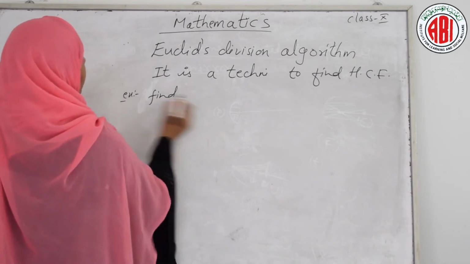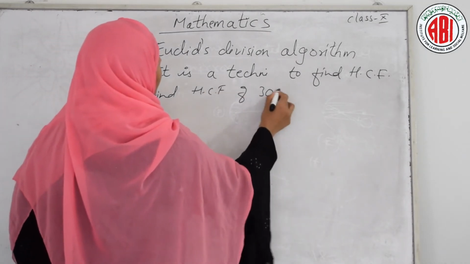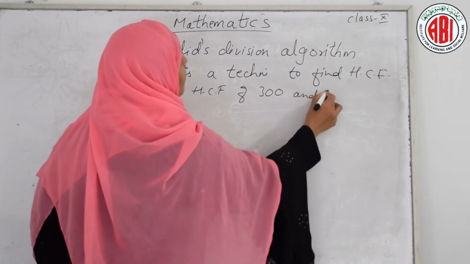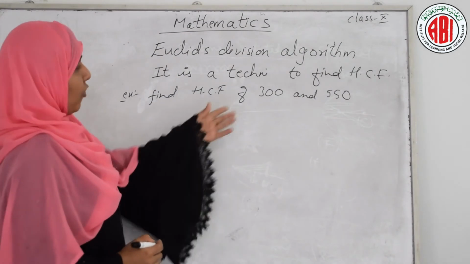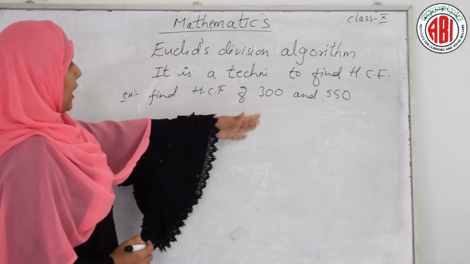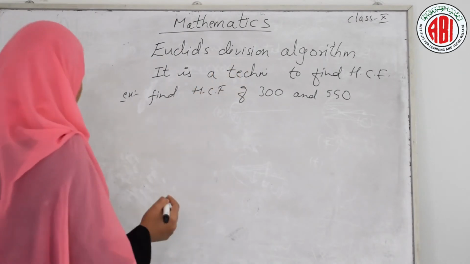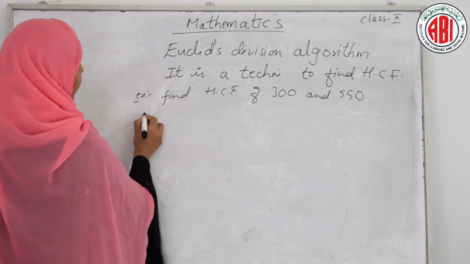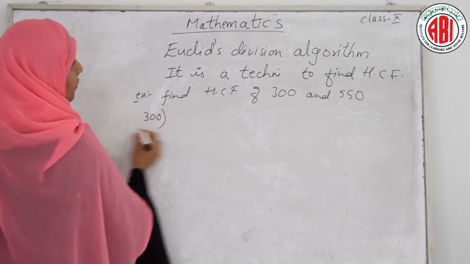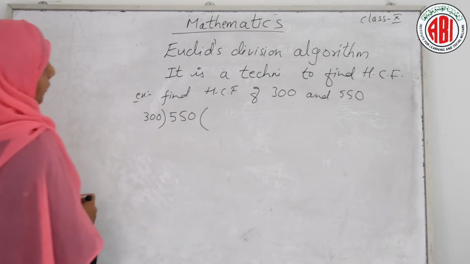Example: find the HCF of 300 and 550. Let us find the HCF of these two numbers. We are going to use this for Euclid's division algorithm. How to find the HCF? 300 is the smaller number, so we take it as the divisor and 550 as the dividend.